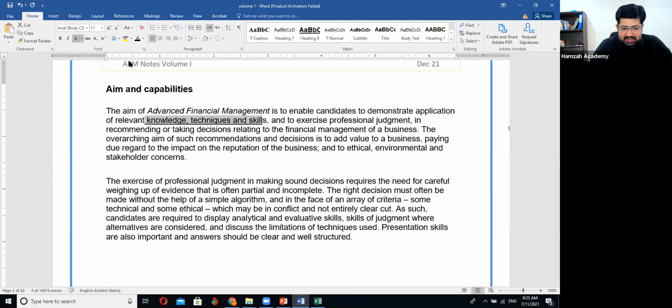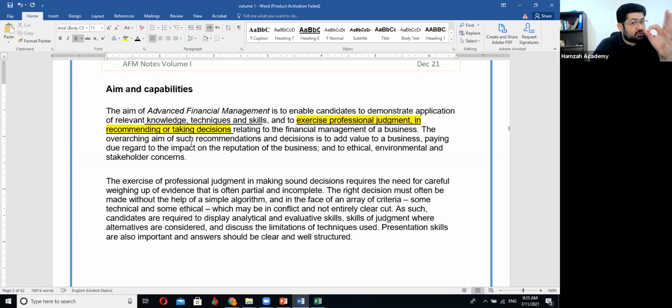Not only this, but also exercise professional judgment in recommending, because you are going to be a finance manager. And being a finance manager means that you must make decisions as per the need of the business. You have to take decisions. You have to advise. You have to give recommendations to the board of directors.